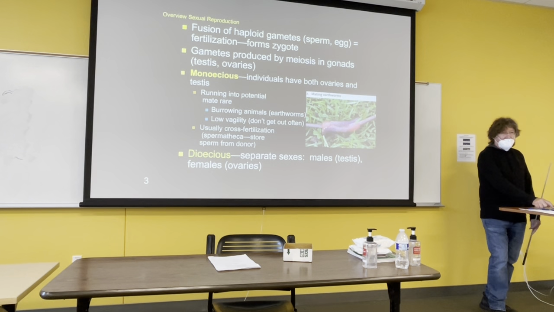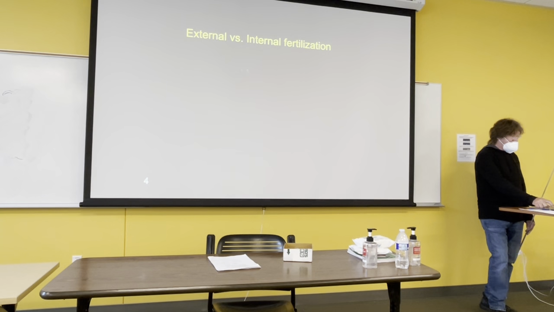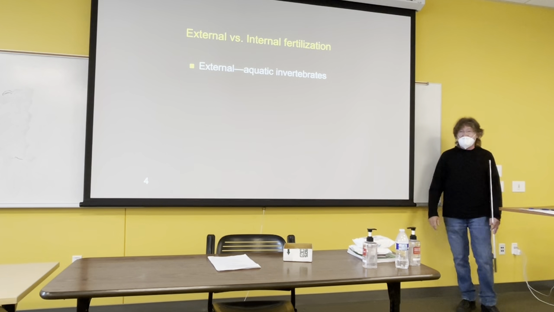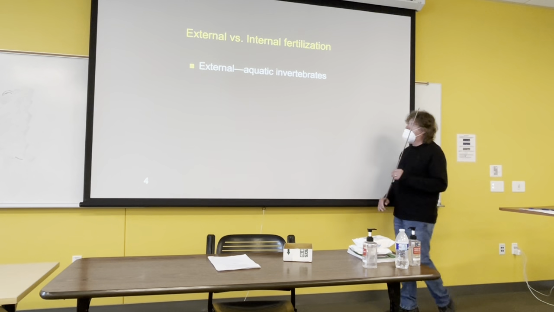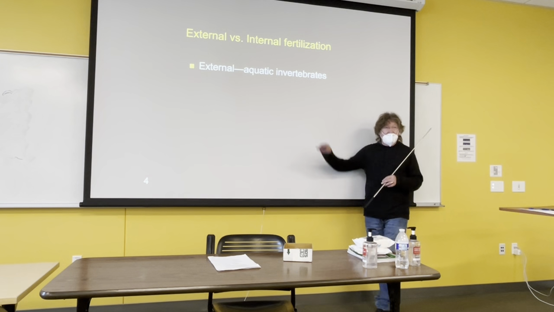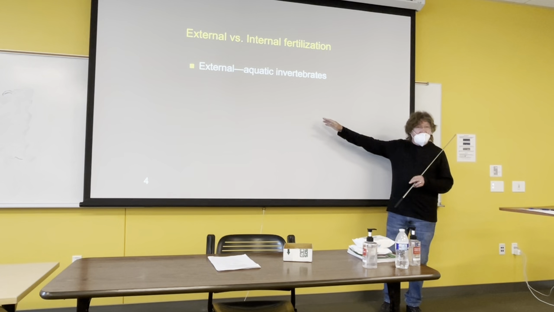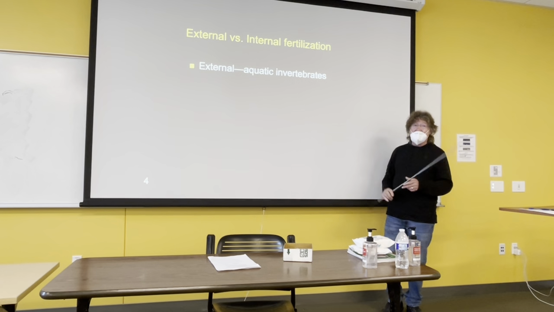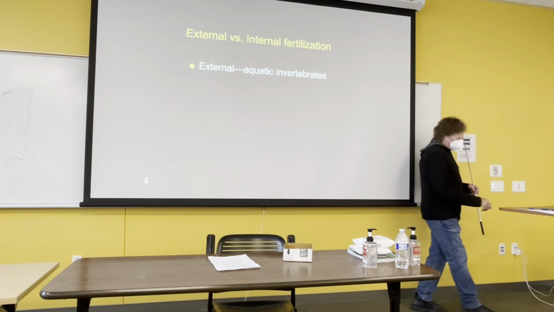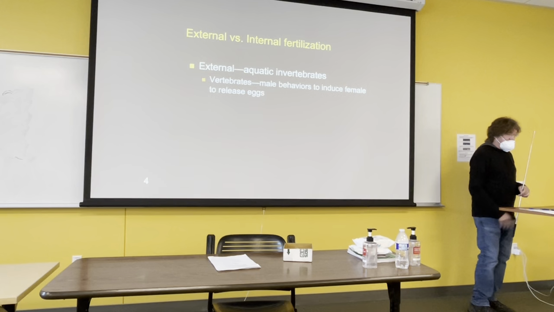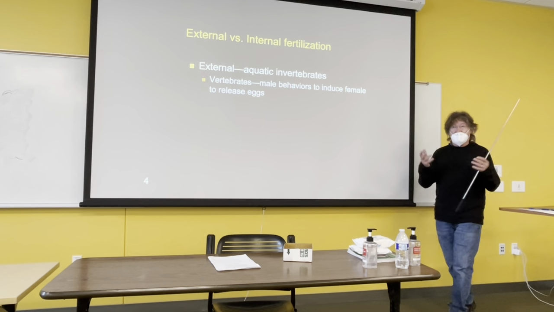Most vertebrates happen to be dioecious. Now, fertilization can happen inside of the body or outside, so it can be external. A lot of marine animals and aquatic animals, it's usually external, in that the eggs and sperm are just released into the water.